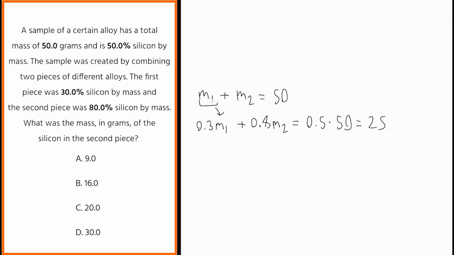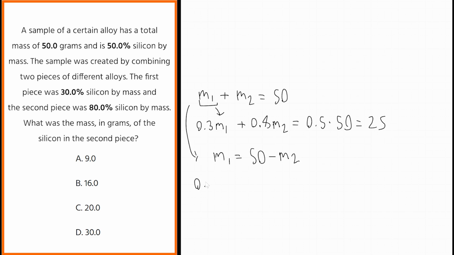To isolate M1 in the first equation, we just subtract M2 from both sides. So we get that M1 equals 50 minus M2. We've rewritten the first equation to isolate M1, and now we can plug that value into the second equation.